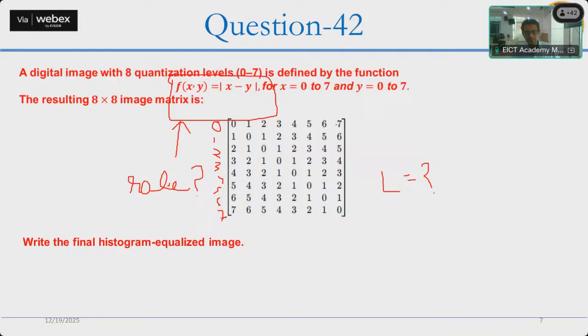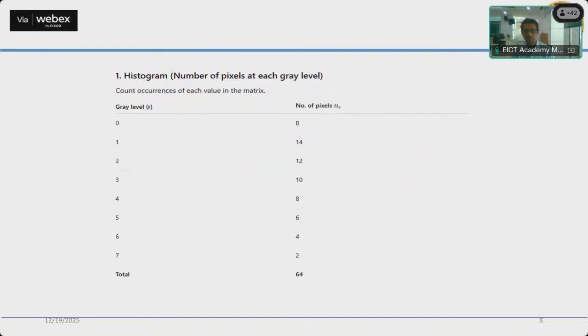Because it is 3 bits, maximum 3 bits are there, and with 3 bits the maximum level can be 8. So L is basically 8 here, so the gray levels possible are 0 to 7. Same problem as you solved here.